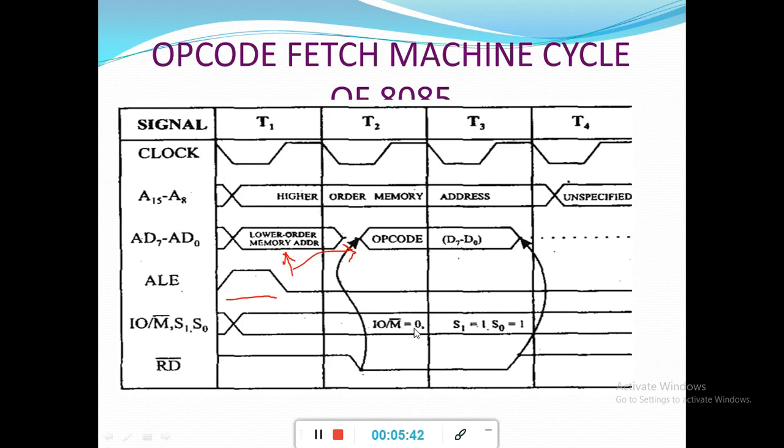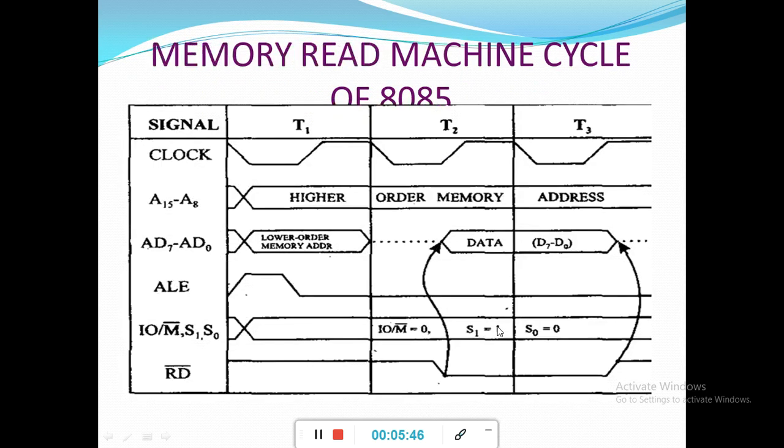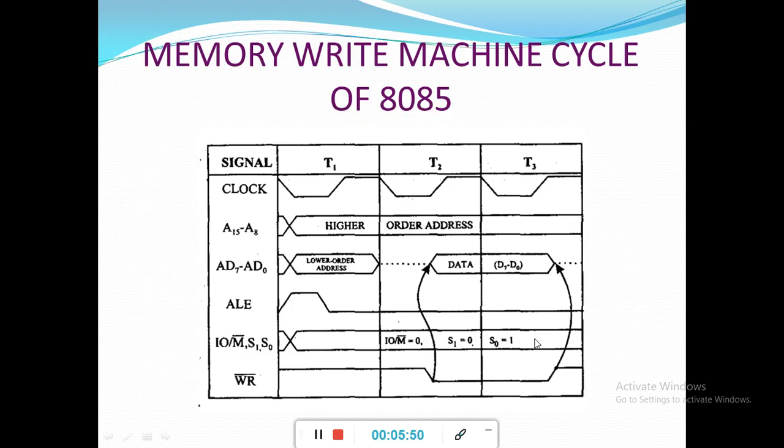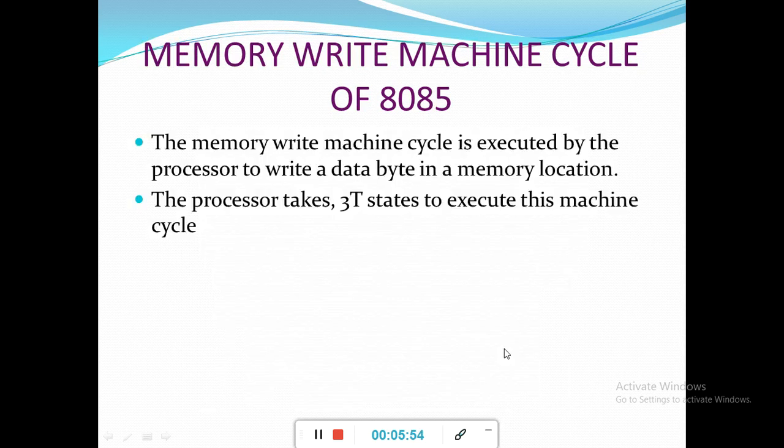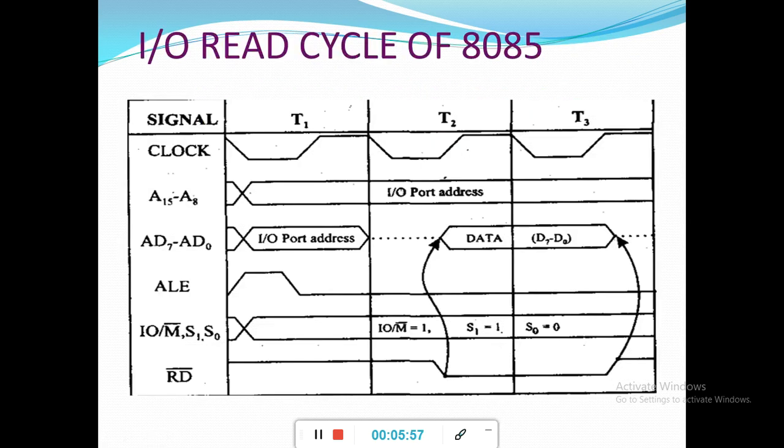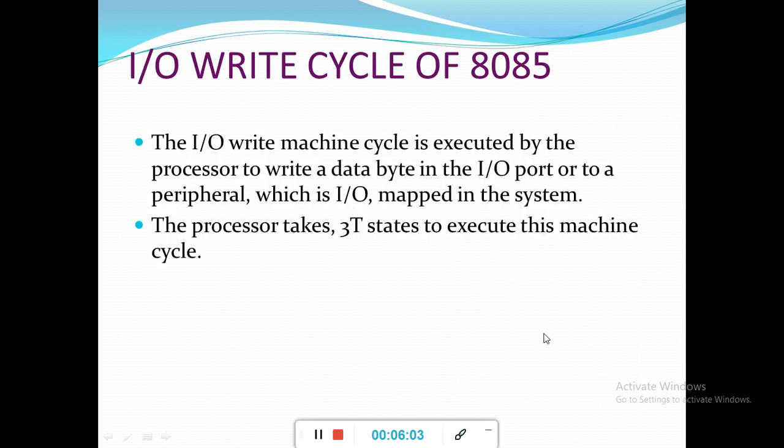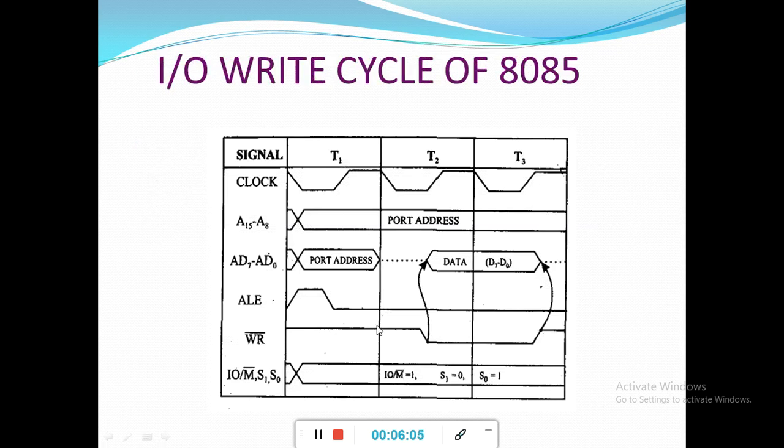Here check, IO/M bar is 0 and S1 S0 is 1 1, then here IO/M bar is 0 and it is 1 0, then here IO/M bar is 0 and it is 0 1. Here again IO/M bar is 1 and S1 is 1 and S0 is 0. The same here, IO/M bar is 1 and it is 0 1 for S1 and S0.